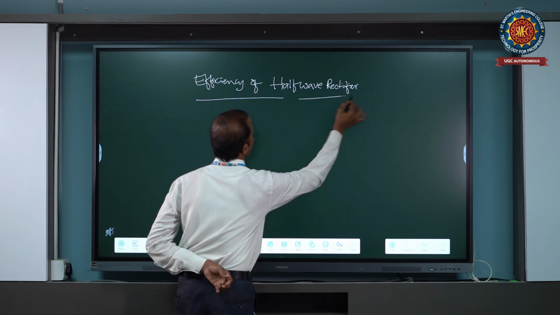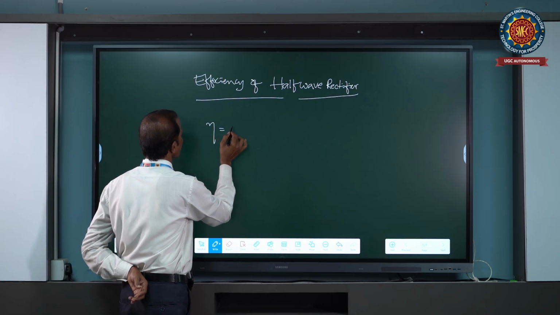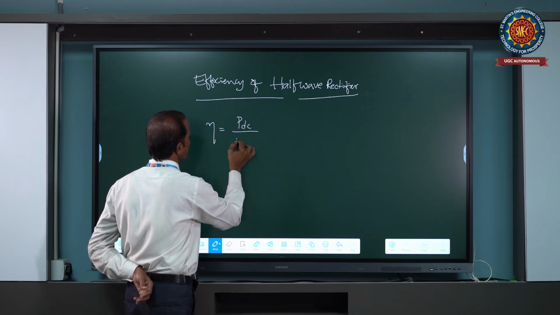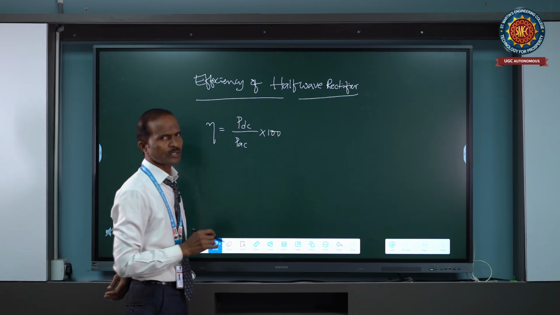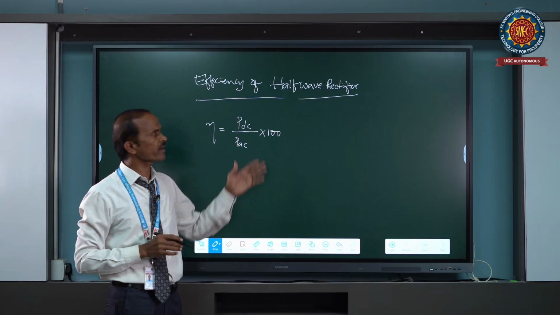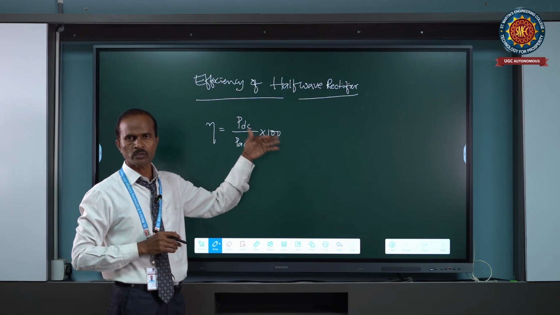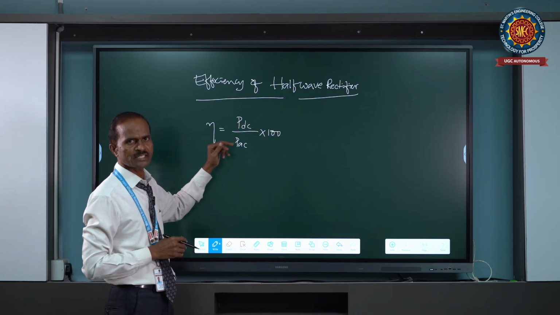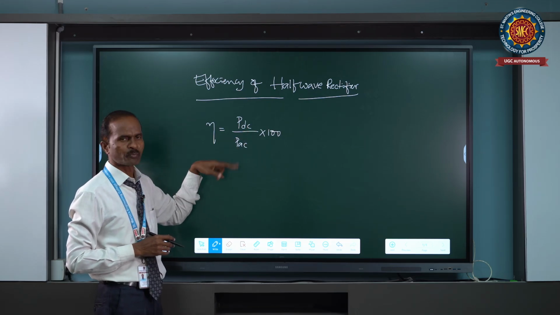The efficiency of a half wave rectifier is generally represented with eta. Its formula is PDC by PAC into 100. The efficiency of a half wave rectifier is 40.6, and now we are going to derive it. What is PDC? DC output power by AC input power.